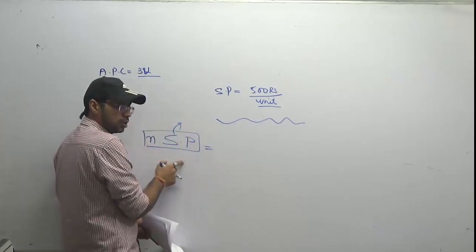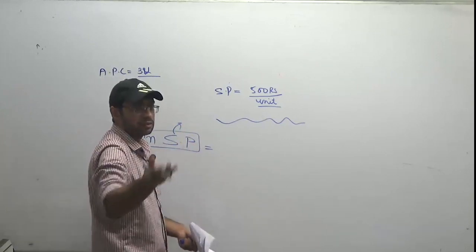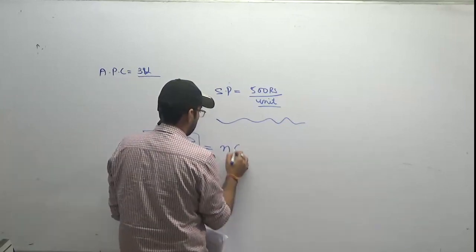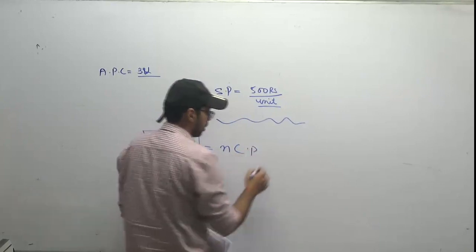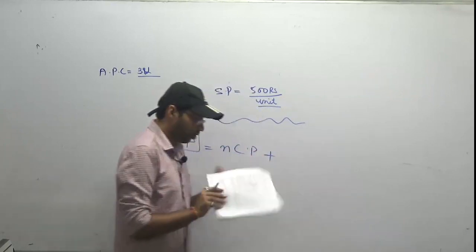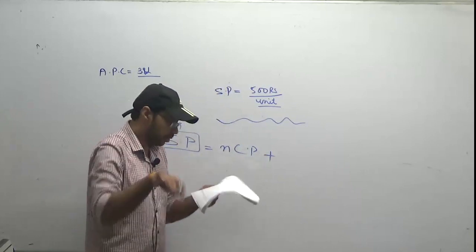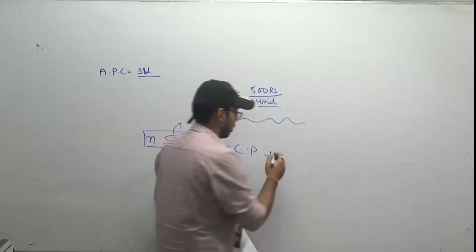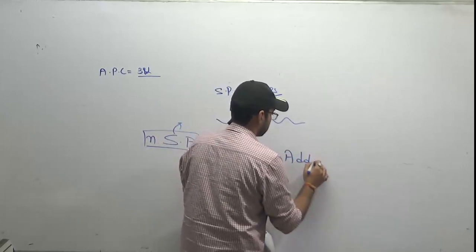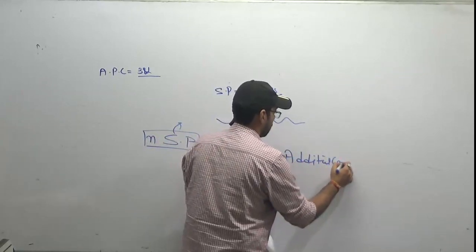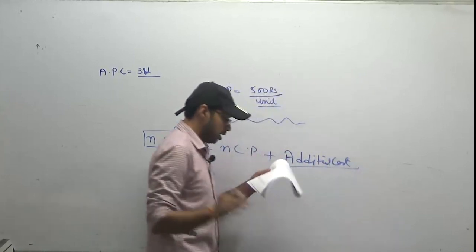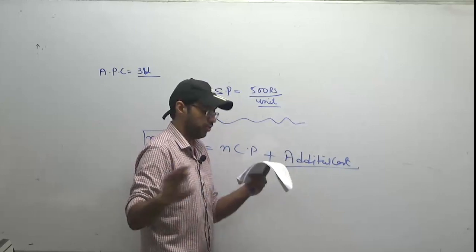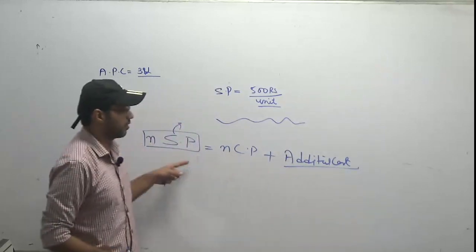So the total cost after selling everything is equal to N into CP, cost price, plus the sum of annual fixed charges, overhead charges and other expenses. So this is the sum of additional cost, that is around 25 lakhs. This is the equation of break-even point.